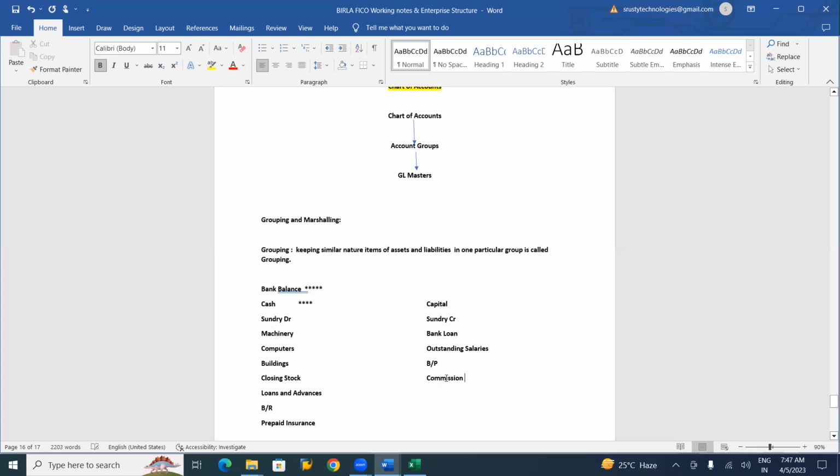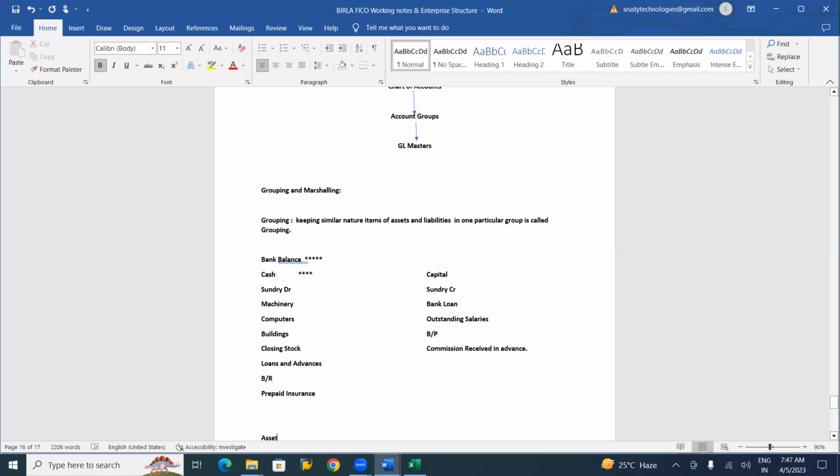I'm just giving simple examples. So these are the different items I'm taking as an example. Here cash, sundry debtors, creditors are given.